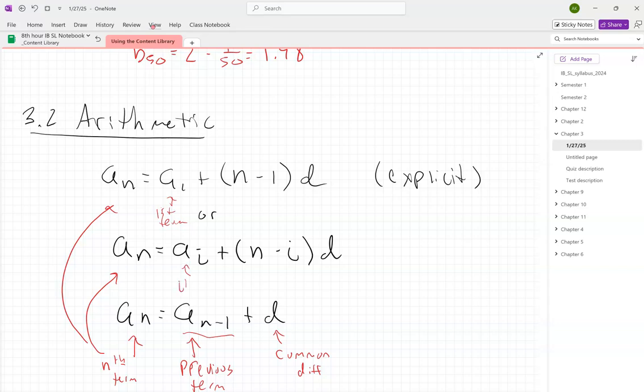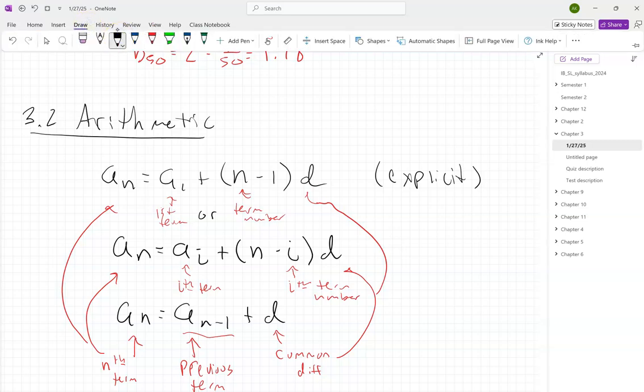This would be like the ith term. n would be like our term number. d is still that common difference. i would be like the ith term number. Is that okay?